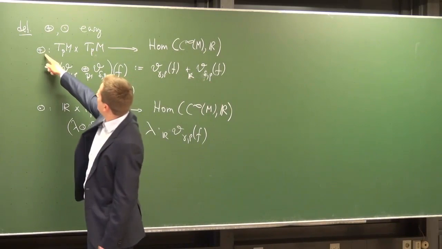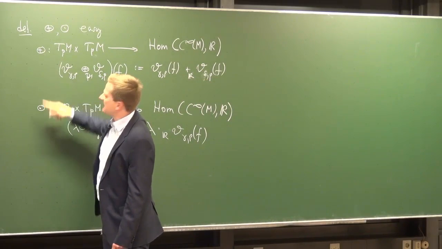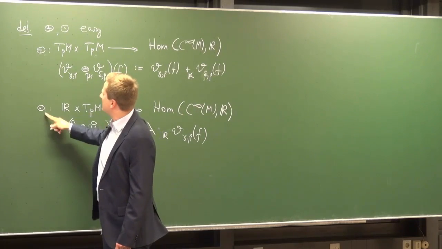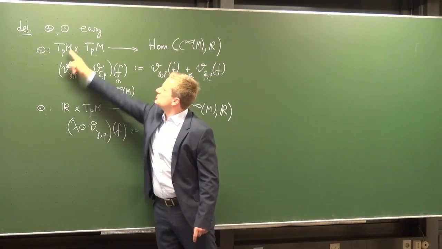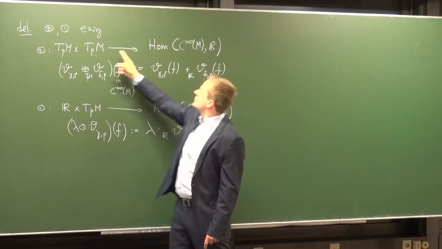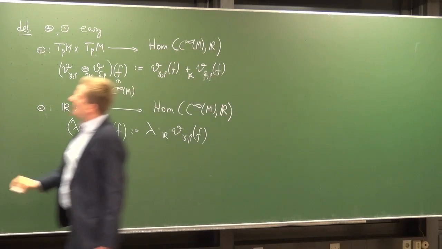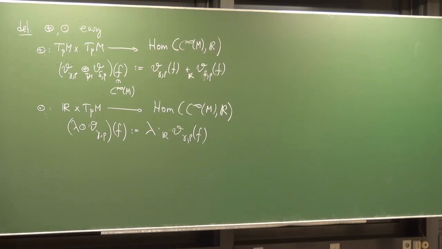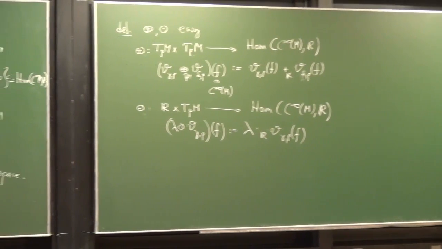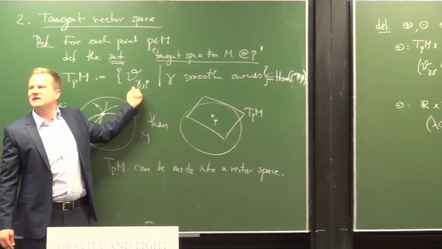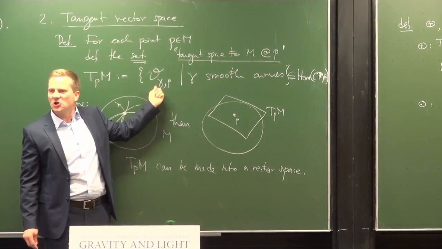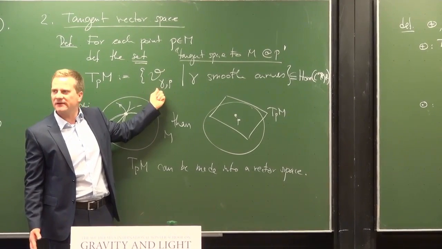However, in order for this to be a vector space addition and scalar multiplication, it is necessary that these two operations close within T_pM, so that you don't just get a map of this type, but you get a map of this type that lies in this specific subset. It needs to be a map that can be generated from a curve. That is not clear. You can add and you have a map, but is it generated from this curve?